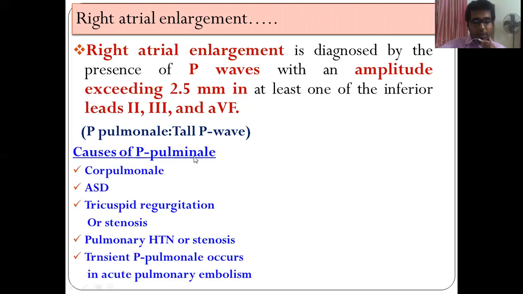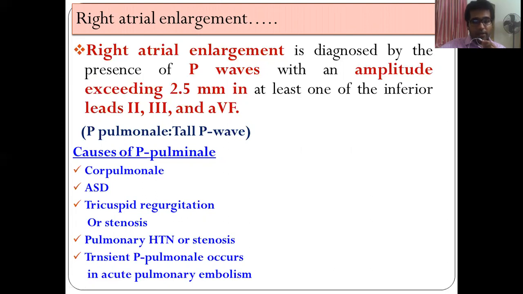And the causes of P pulmonale are cor pulmonale, that is COPD, chronic obstructive pulmonary disease, atrial septal defect, tricuspid regurgitation or stenosis, pulmonary hypertension or stenosis, and transient P pulmonale occurs in acute pulmonary embolism. All these situations actually increase the pressure load of the right atrium.